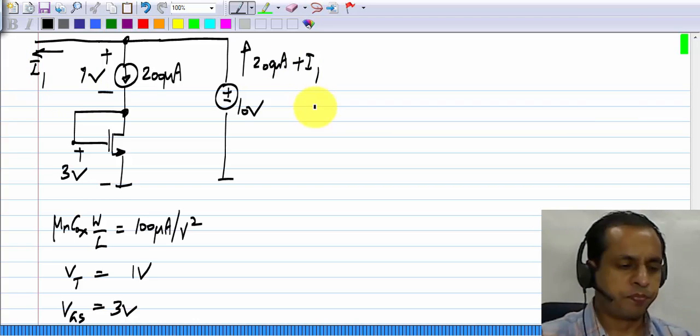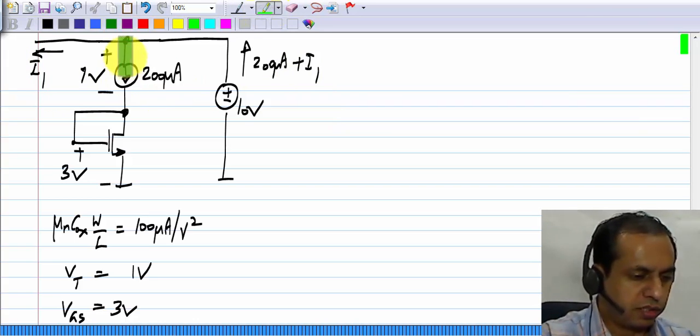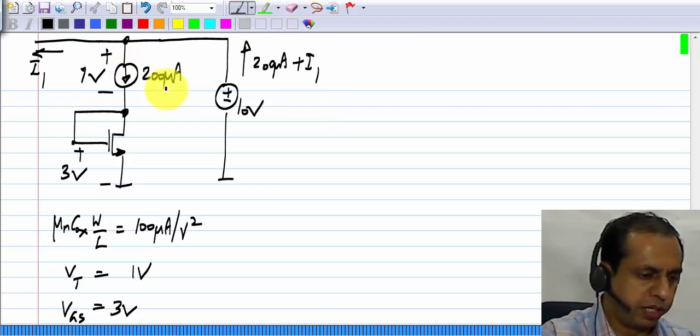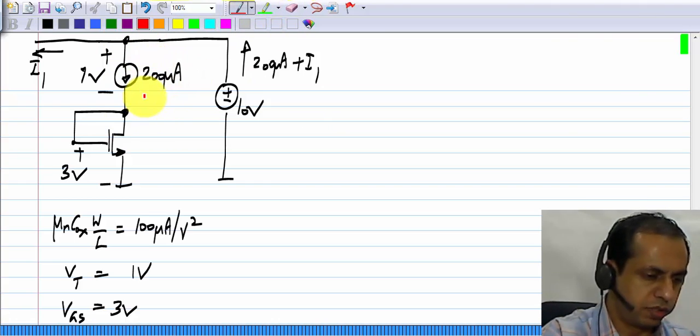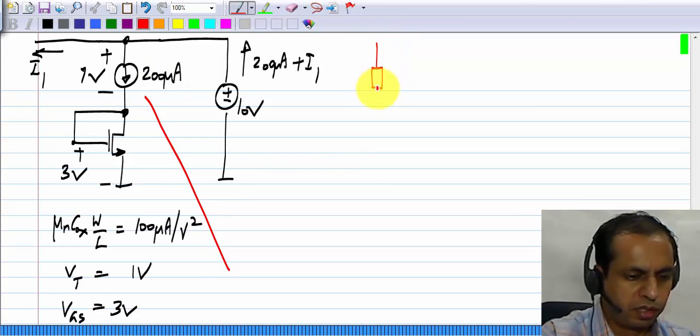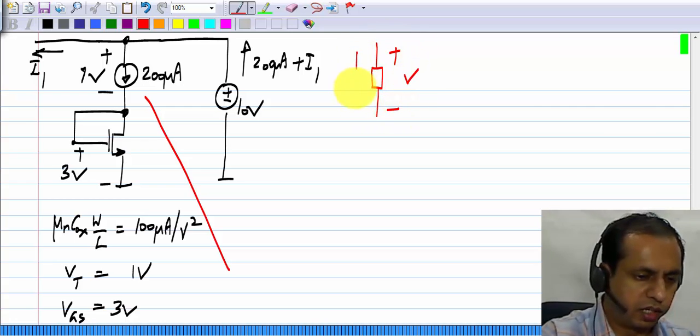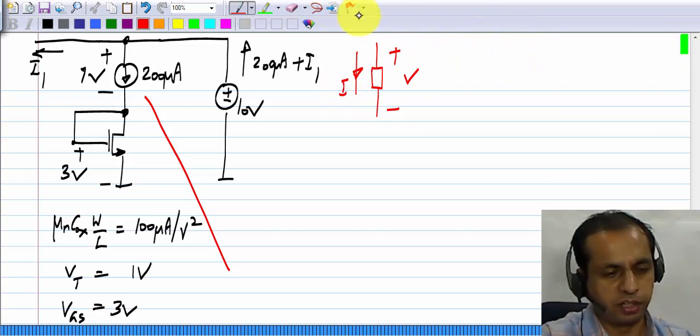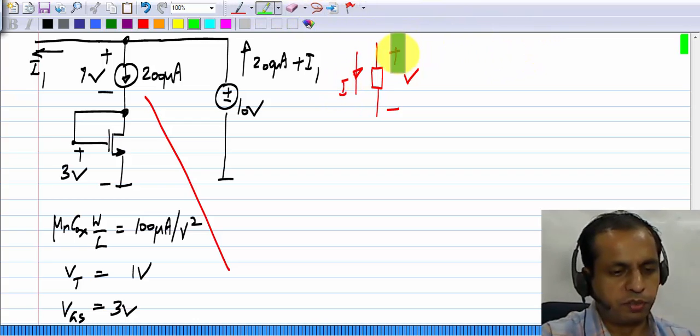The point is, this current source is actually dissipating power. If you remember how to calculate the power dissipated in a two-terminal element, you consider the voltage and current according to the passive sign convention. That is, if the voltage is defined with positive at some terminal, current should be going into that terminal.